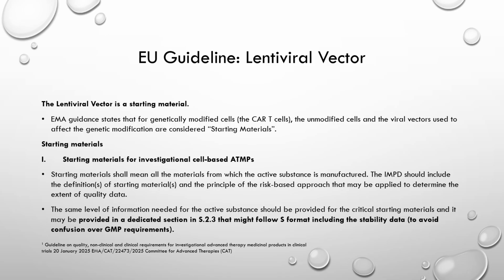So in the S23 section, you want to include information on the critical starting materials, and that can follow the drug substance format: manufacture, control, stability, etc. But it needs to be in that area because you want to make sure that it is a critical starting material, and therefore GMP requirements apply.